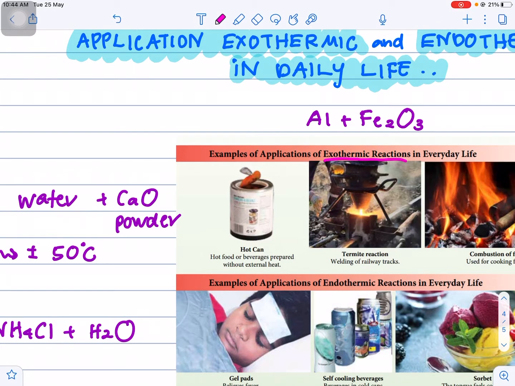This is very nice and very cool, because we can have hot food even though we don't have a gas stove. It is really important if we go camping for 1 or 2 weeks. No need to bring charcoal, no need to do combustion, and we can have our hot food within a few minutes. We just apply the concept of exothermic reaction in this hot can.